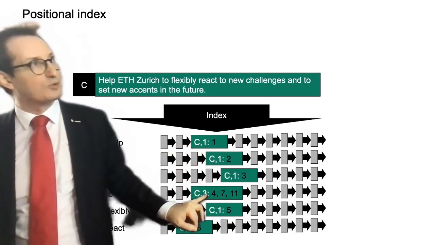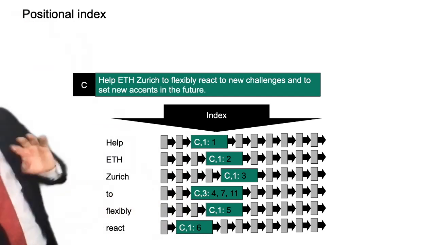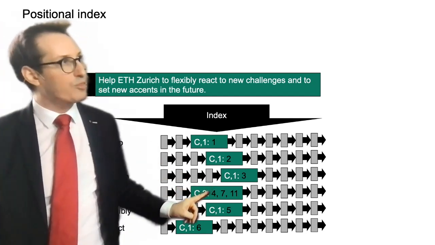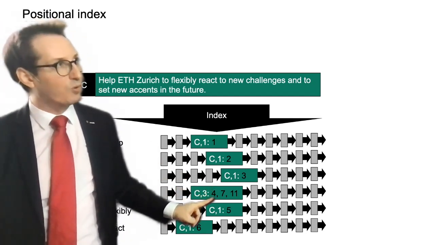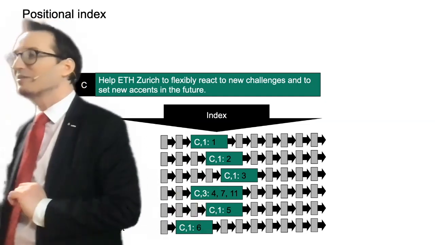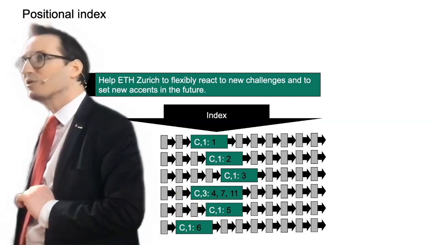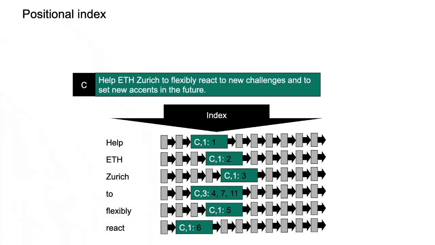For example, I have this term 2 that appears in document C 3 times: at offset 4, at offset 7, and at offset 11, right? With a positional posting, I can do that. These are called positional tokens because you have the position. Again, very important: this is because we have lists of terms, not sets of terms. So this is called the positional index.